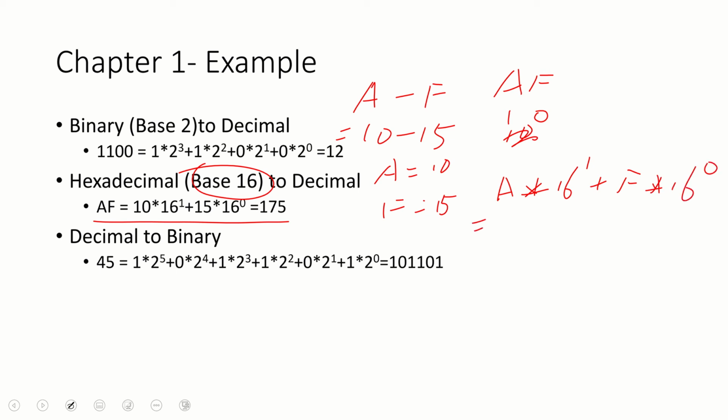We know A is 10, so 10 times 16 to the power of 1 plus 15 times 1. Then the result is 175.